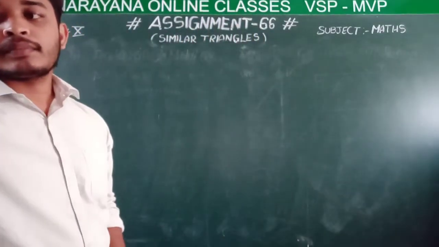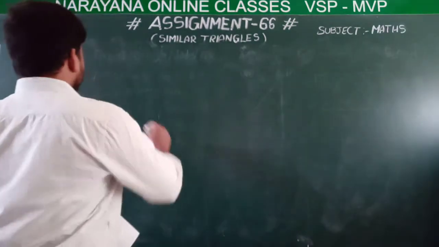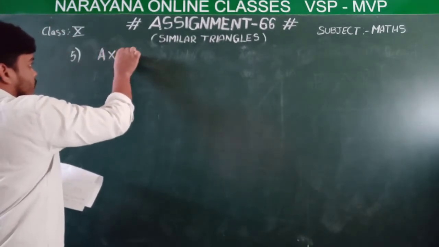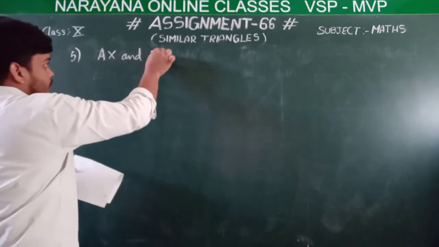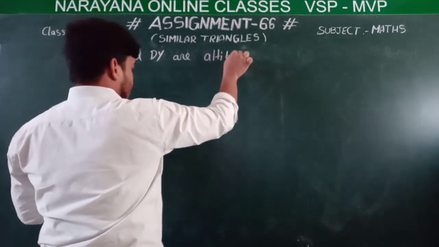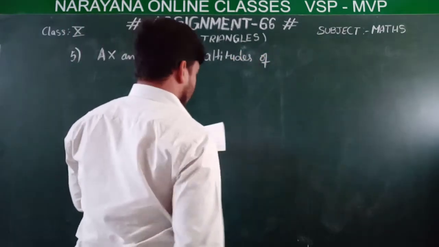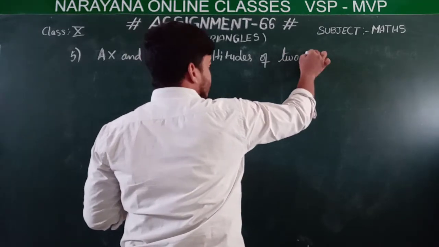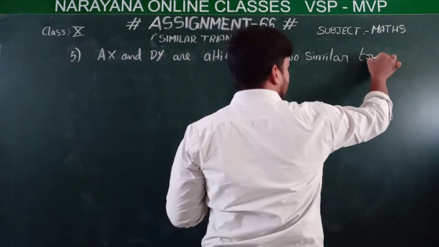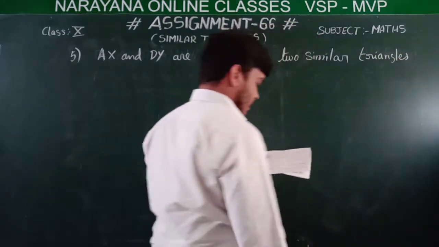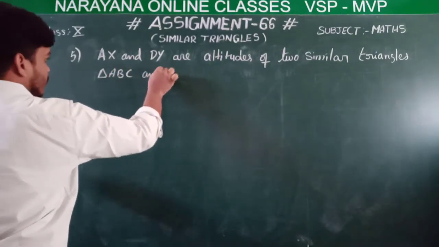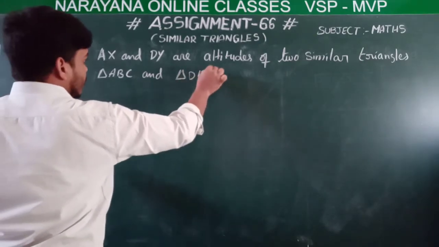Now coming to the next problem. Fifth one, AX and DY are altitudes of two similar triangles, triangles ABC and triangle DEF.